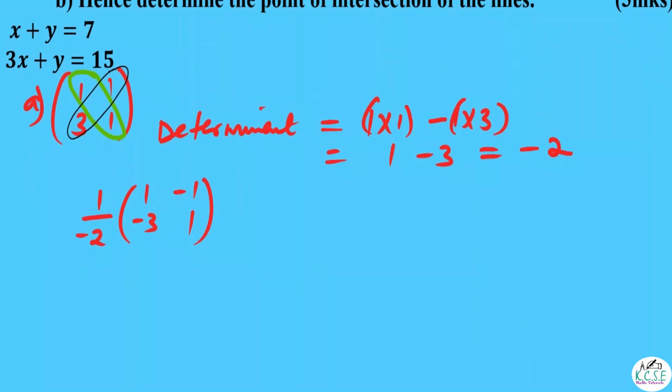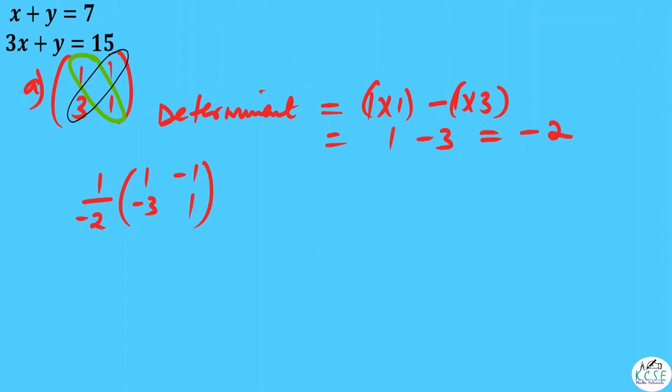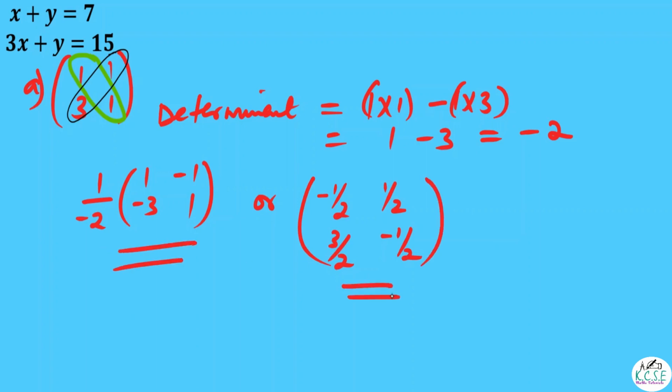After multiplying, we can leave our inverse in this form, or we can multiply everything in the bracket by negative 1 over negative half to get negative 1 over 2, 1 over 2, 3 over 2, negative 1 over 2. So these are possible solutions, either these or these.